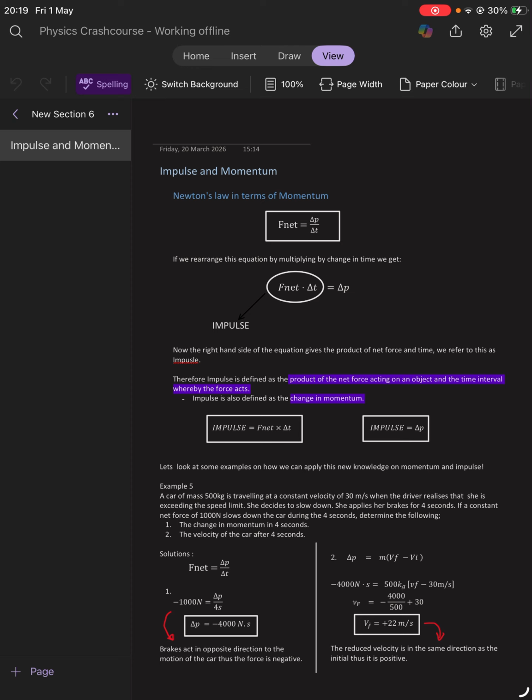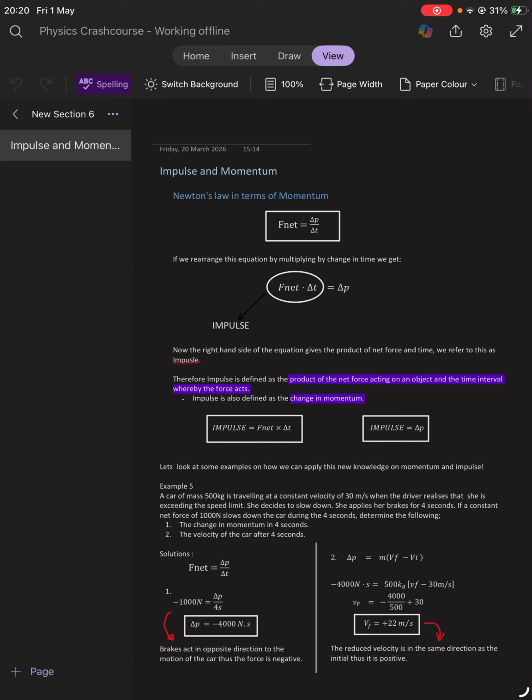And if a constant net force of 1,000 newtons slows down the car during that 4 seconds, determine the change in momentum in 4 seconds and the velocity of the car after 4 seconds. Now, to calculate the change in momentum in that 4 seconds is very easy, since we know that the net force is equivalent to the rate of change of momentum.